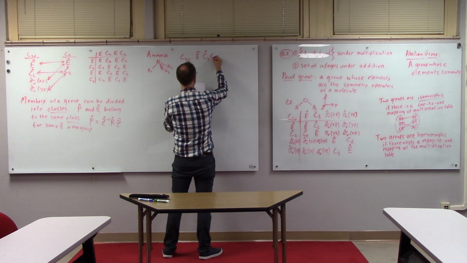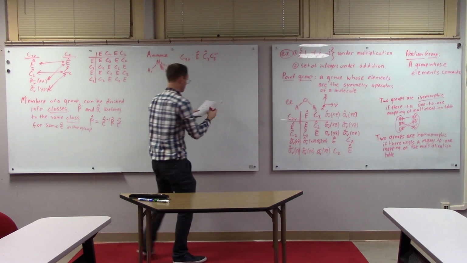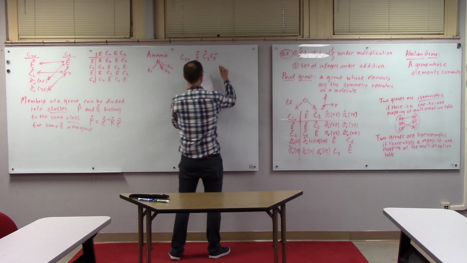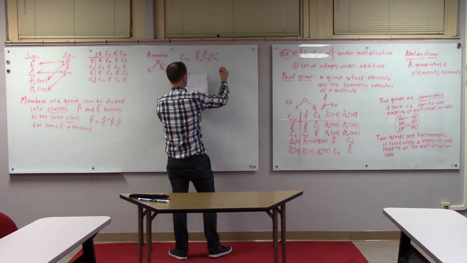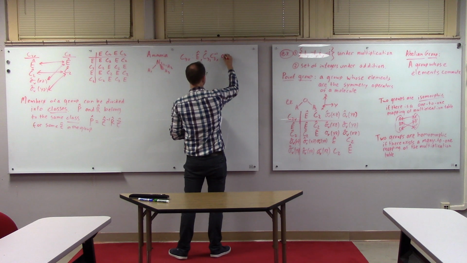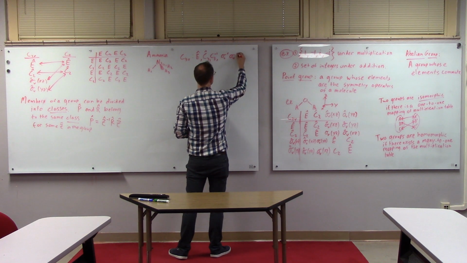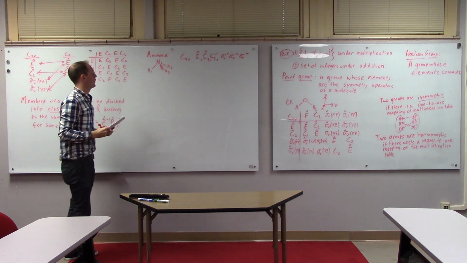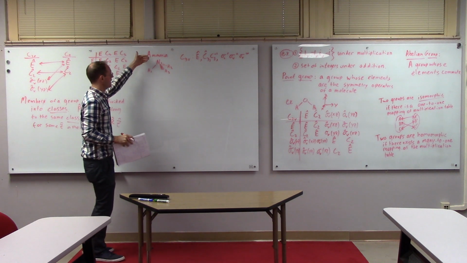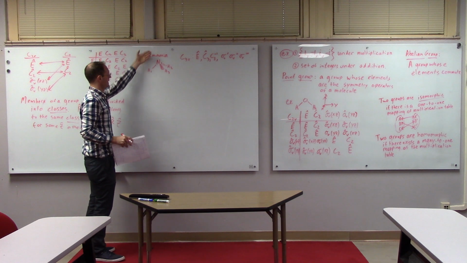You also have a C3 inverse, so rotating by minus 120 degrees. And there are 3 different sigma V planes of reflection. I'll call them sigma V prime, sigma V double prime, and sigma V triple prime. These reflect the molecule in a plane containing the NH1 bond.